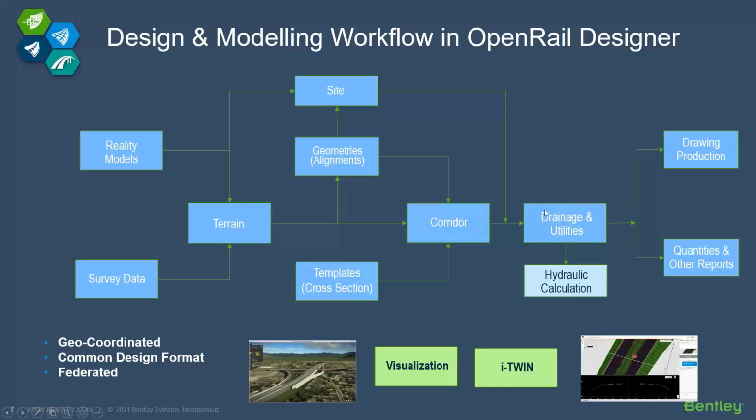And if you have to lay out networks of drainage as well as utilities, underground or even above ground, you can use the drainage and utilities tools, and hydraulic calculation if you have to do a storm sewer type of analysis in your networks.